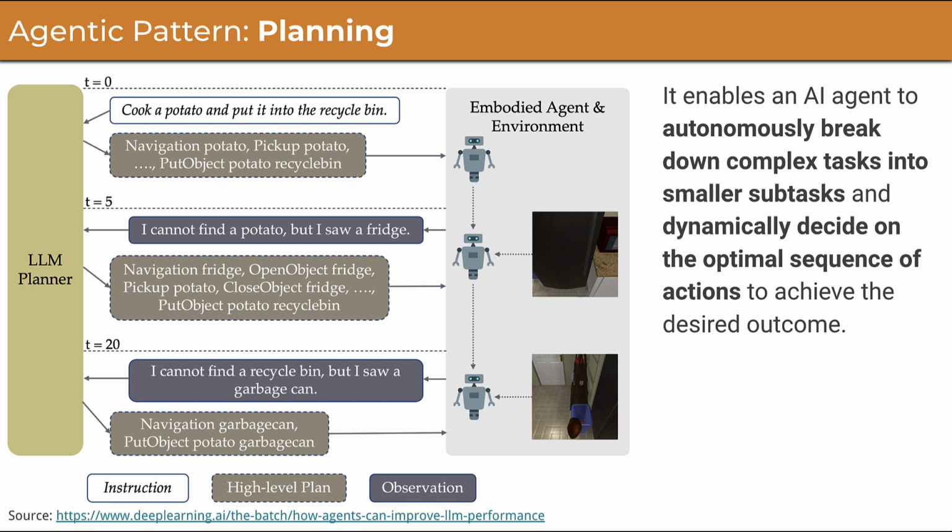If it encounters an obstacle, like not finding the potato but seeing a fridge, it adapts its plan to open the fridge instead of picking up the potato directly. This process allows the AI to handle the task more efficiently and adapt to changing environments by planning itself with the newly given information.